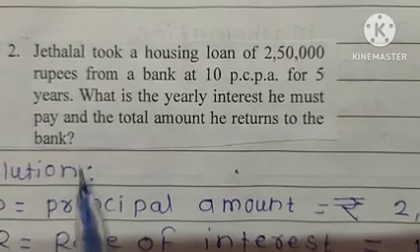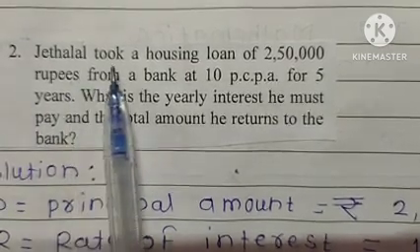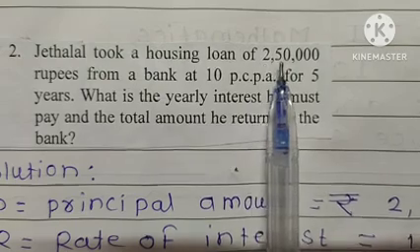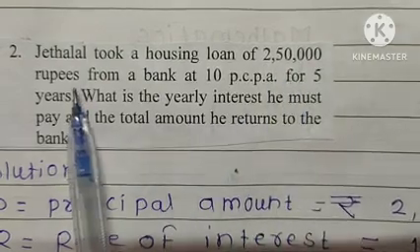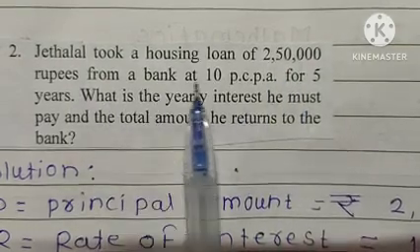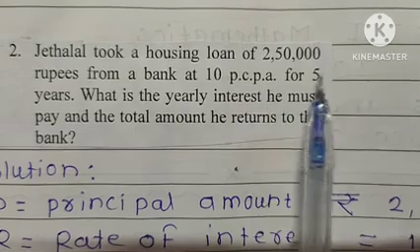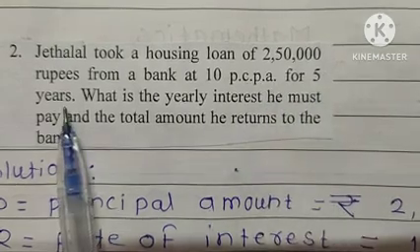Example 2. Jethalal took a housing loan of 2,50,000 rupees from a bank at 10 percent per annum for 5 years.